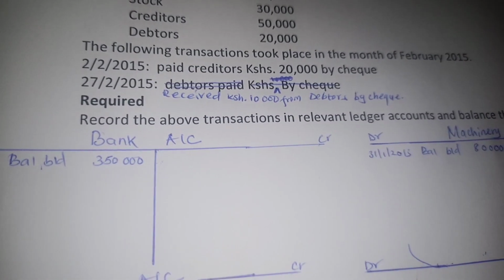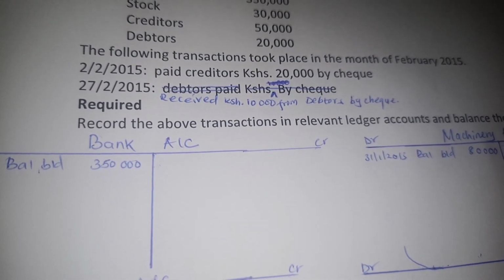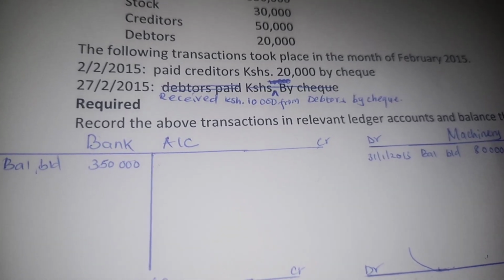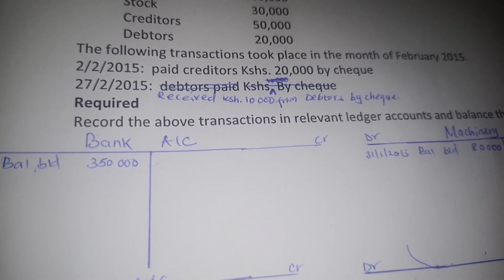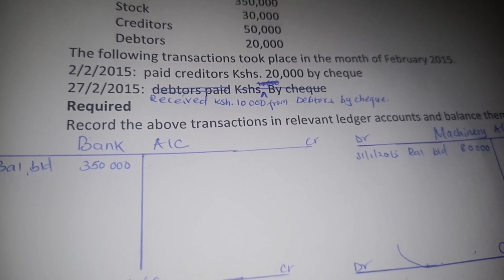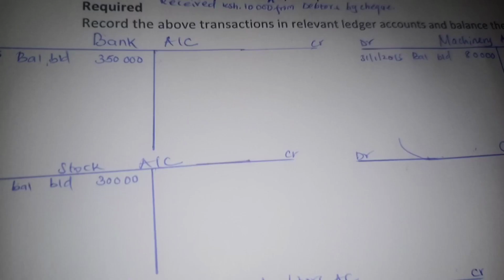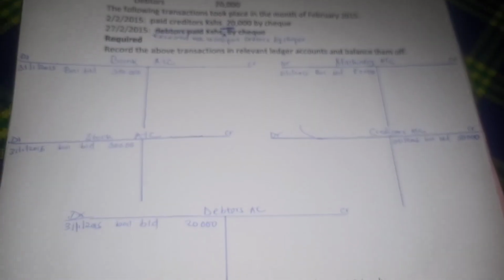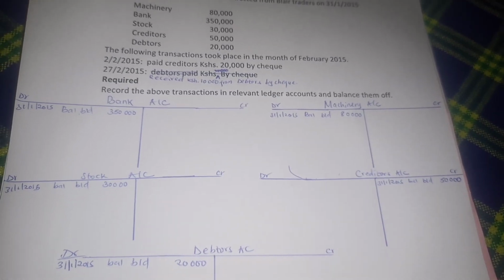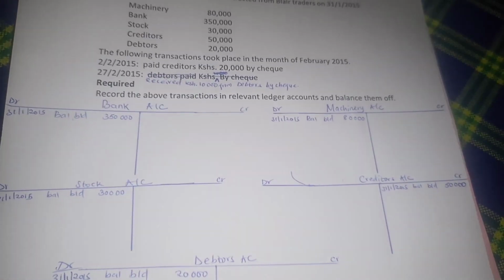So on 31st January 2015, we have the balance brought down amounting to 20,000. So far we've opened ledger accounts for all the balances.